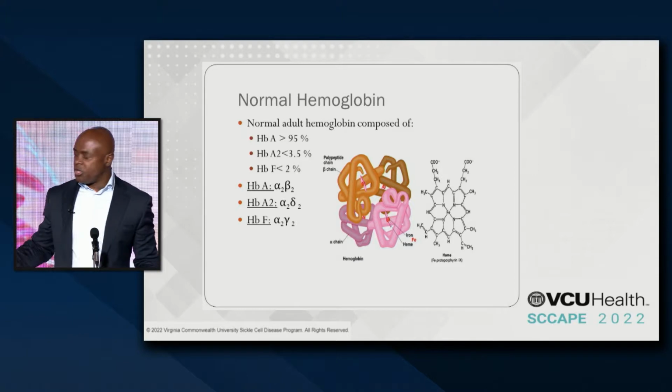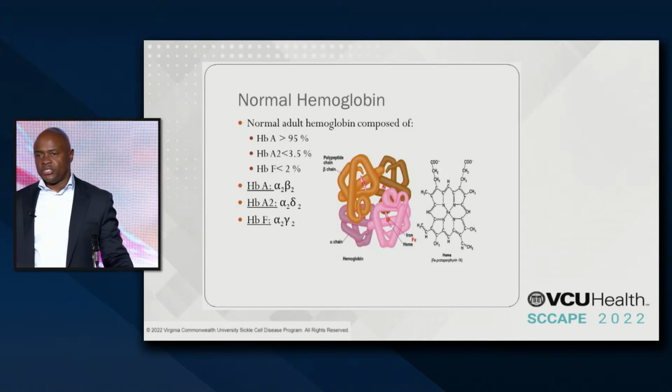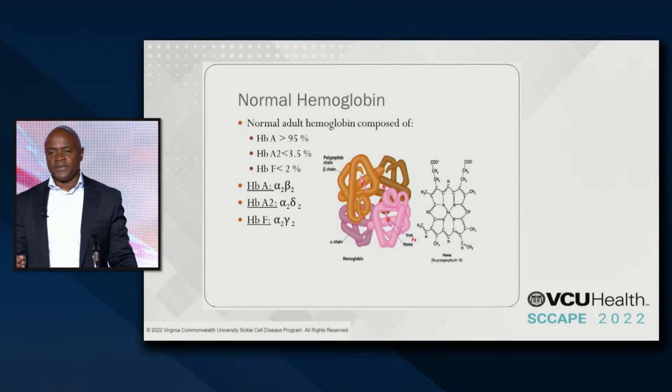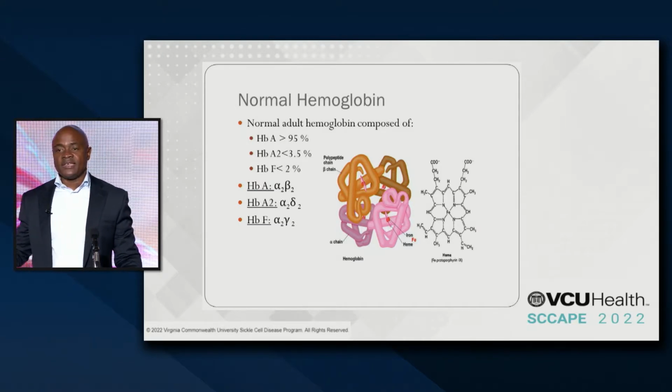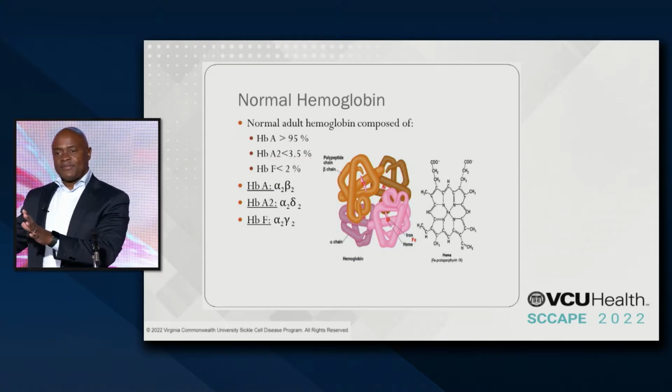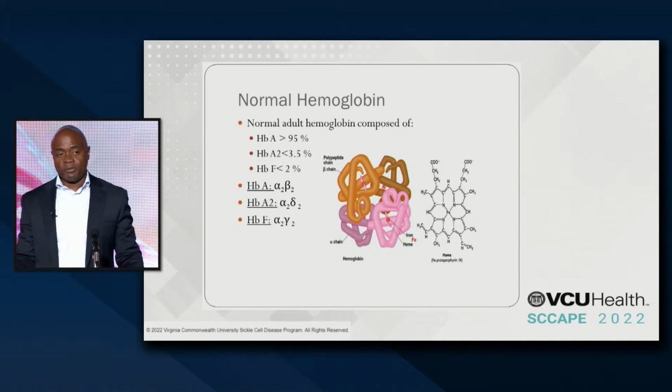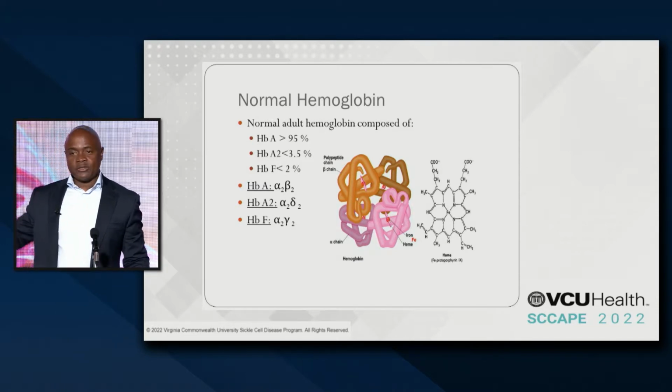With A1, you have the alpha chains and the beta chains. In A2, you have the alpha chains and the delta chains. It does the exact same thing, looks very much the same unless you're looking under a very high-powered microscope, and it carries oxygen.